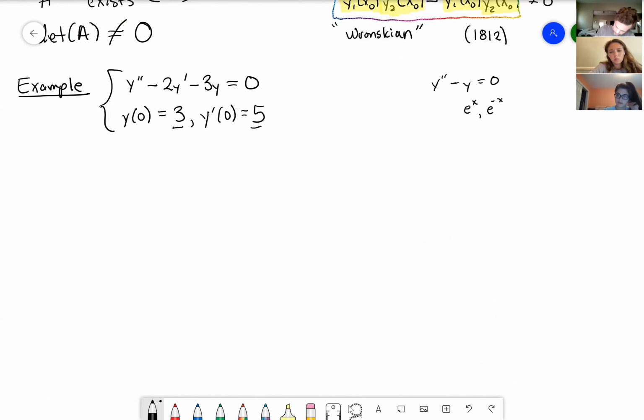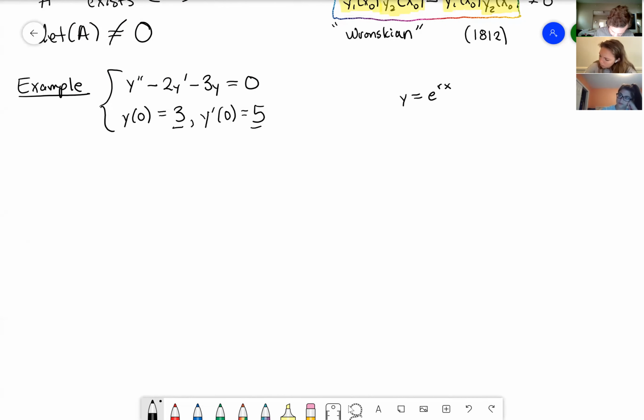And so we're going to look for solutions by analogy. We're going to look for solutions of the form y equals e to the rx, where r is some number. Now, this actually turns out to be a method of solving these things. So this is an introduction to the constant case.